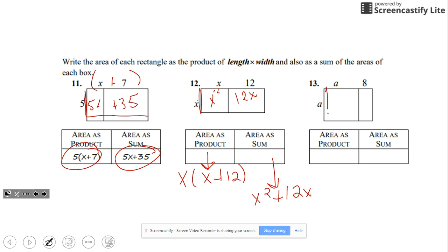Here, the last one, a on the side, and on the top, the length, we have a plus 8. Down here, I'm going to multiply a squared, because a times a, and then a times 8, that would be 8a. So our area as a sum would be a squared and a positive 8a.